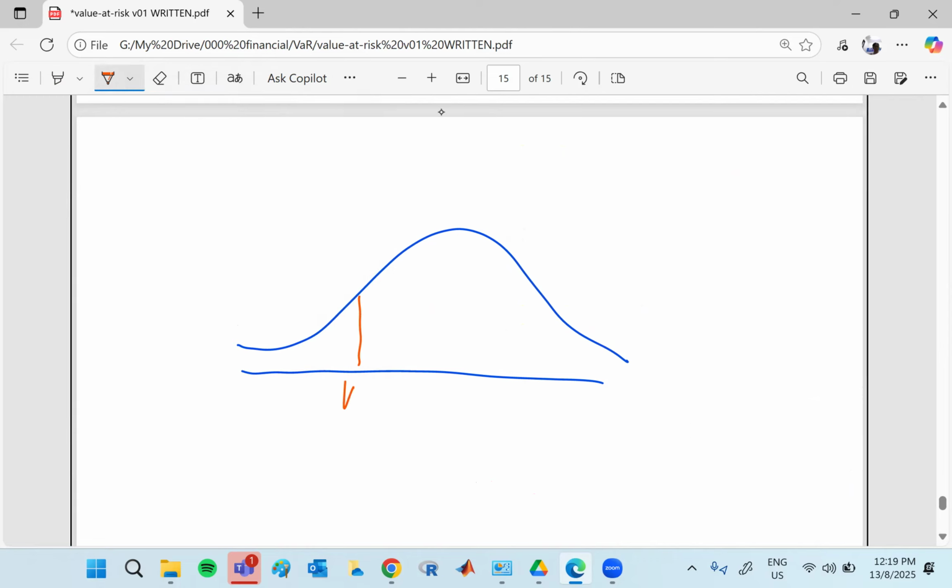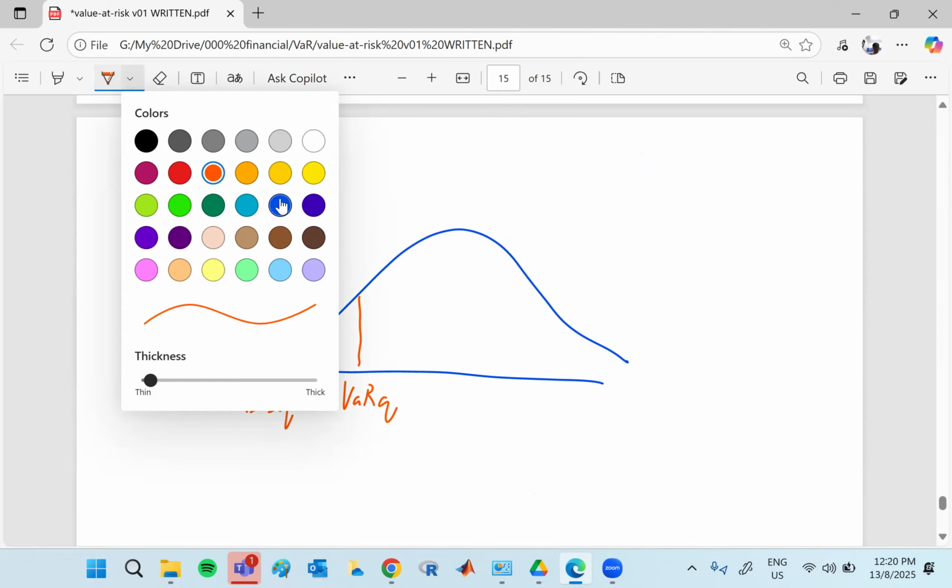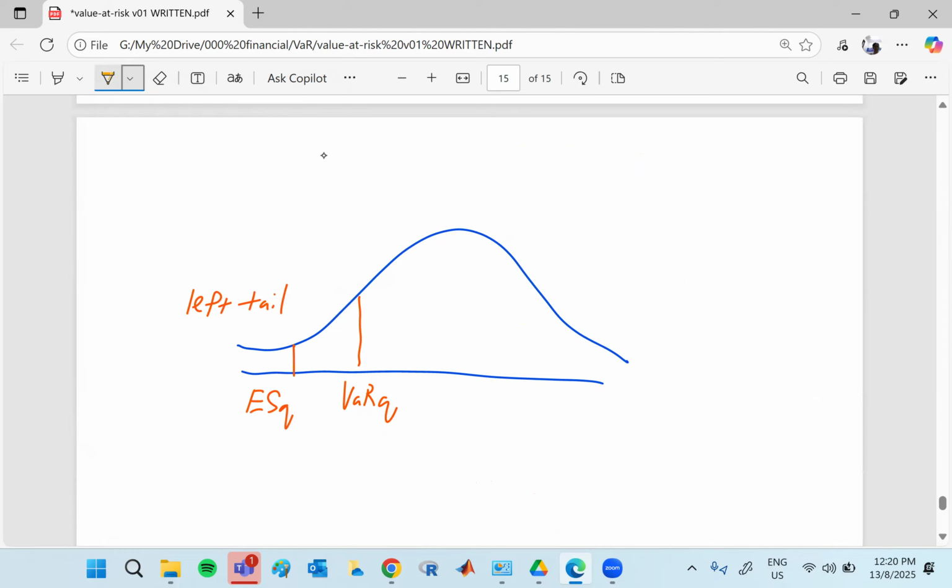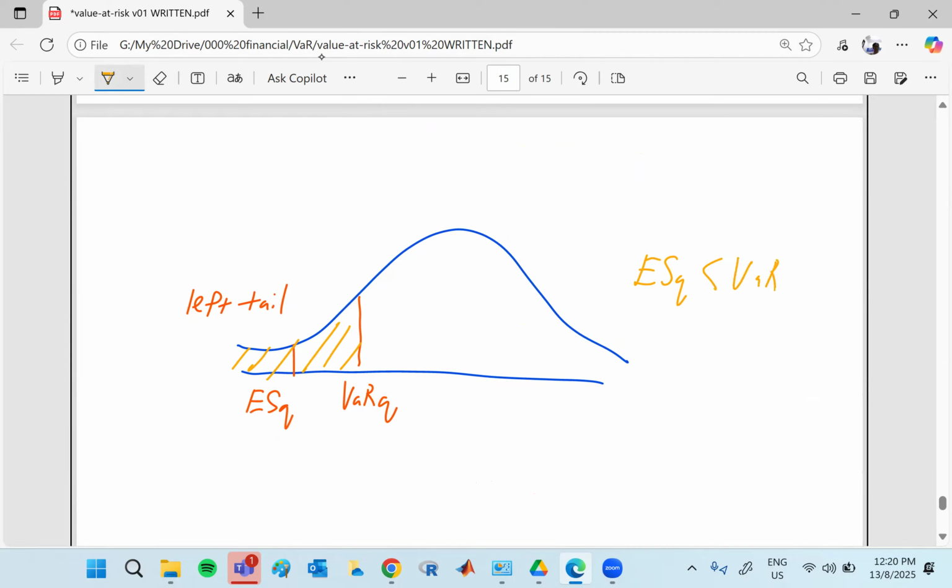If your VAR Q is here, then your ES Q will always be further out in the left tail. Because ES is taking the average value of the losses beyond VAR. So this will be the characteristic of value at risk and expected shortfall.